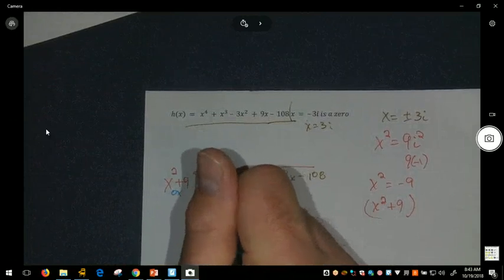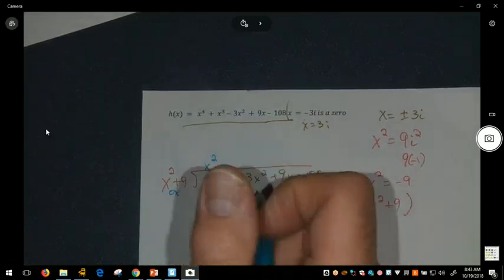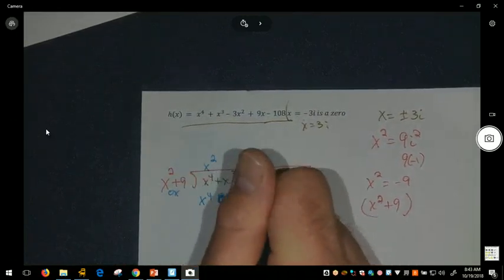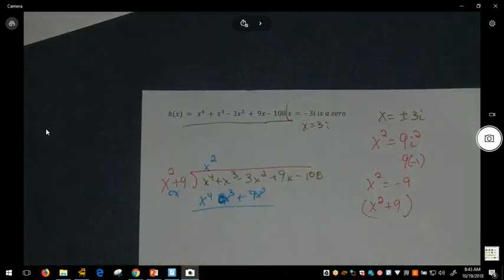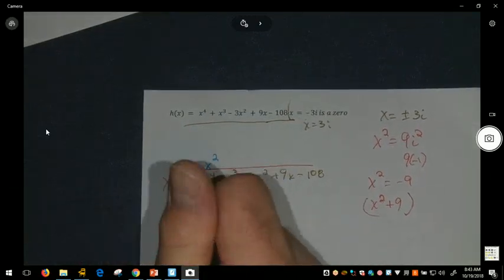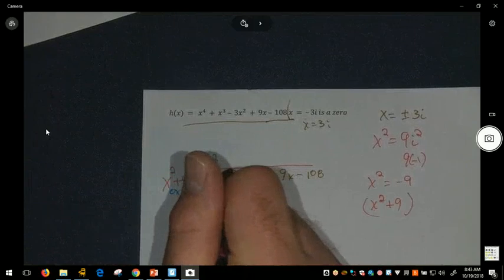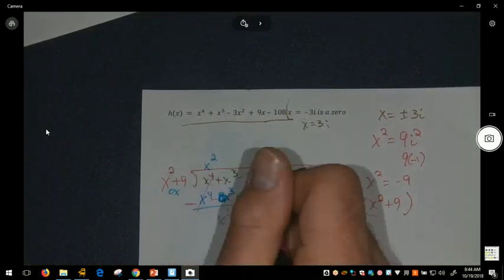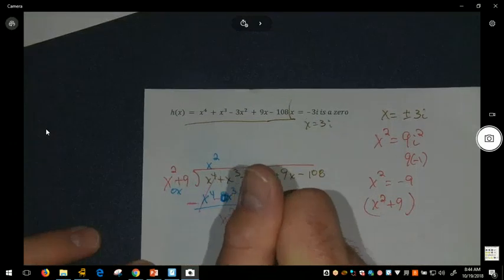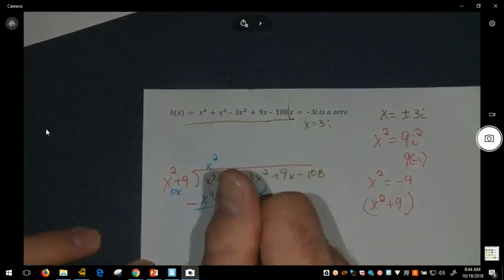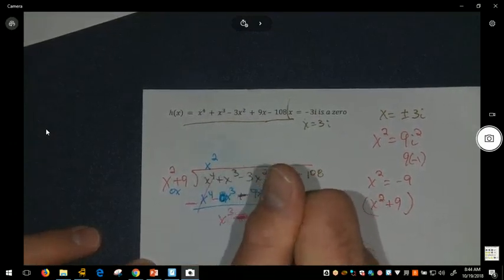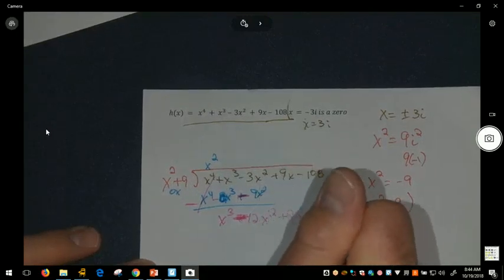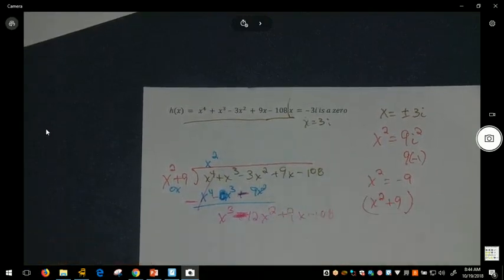So that'll be 0x cubed and plus 9x squared. Change the signs. This gives us x cubed minus 12x squared plus 9x minus 108.